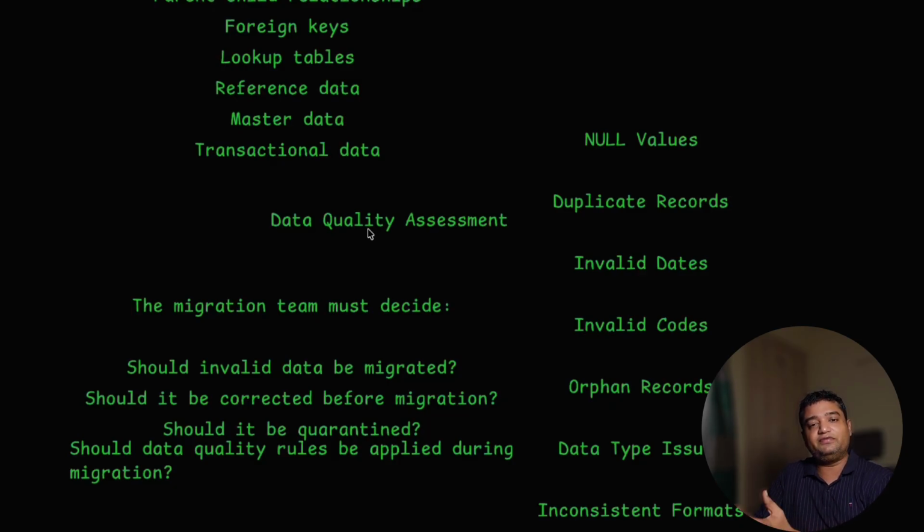The garbage in the source becomes garbage in the target system. If you don't want that, and you want to keep the data quality while doing the migration, then in the first source assessment, try to understand the null values, duplicate records, invalid dates, invalid codes, orphan records, and unusable records. You can get this kind of information out of each table, and you will get it in the table profiling.